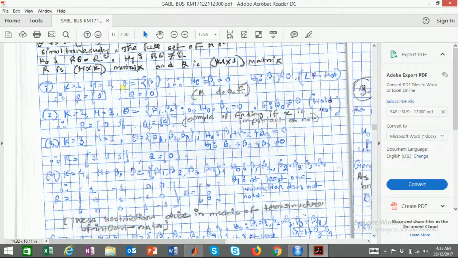Then if you have two parameters, k equals 2, it's an m by 1 matrix, m equals 1, so the unknown parameters are theta equals b1, b2. We are testing one linear hypothesis, that's why m equals 1. Null is beta 2 equals 0, alternative is beta 2 not equals 0. We are doing a Wald test here. Interestingly, we are just measuring the significance of beta 2 out of the two parameters, not beta 1.